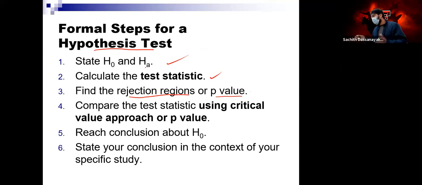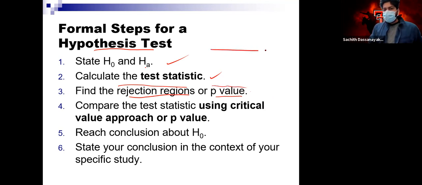One approach is the critical value approach, so we need this rejection region. The other approach is the p-value approach, so we need p-values. These are probability values. So this rejection region means a value on this axis. Let's say we have this kind of distribution.